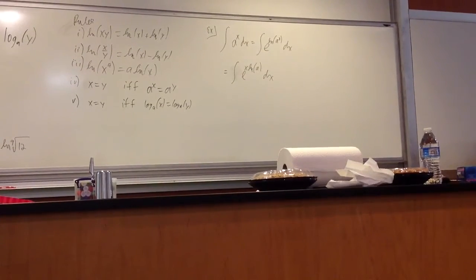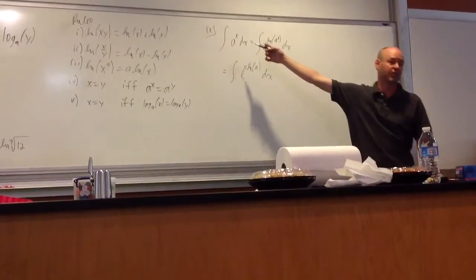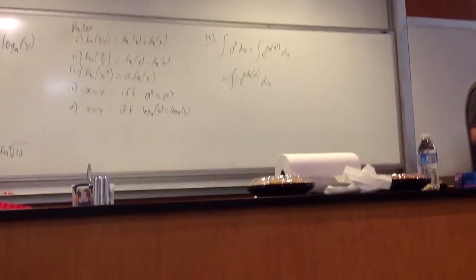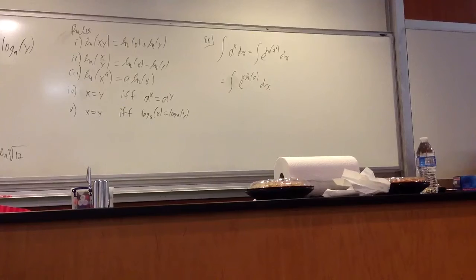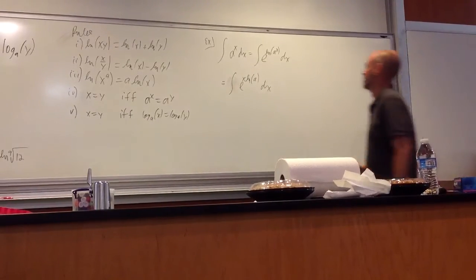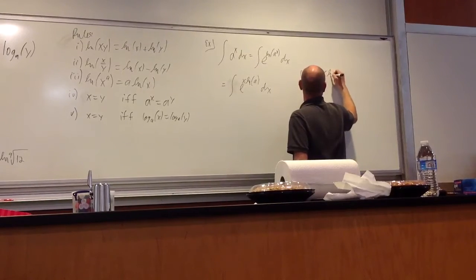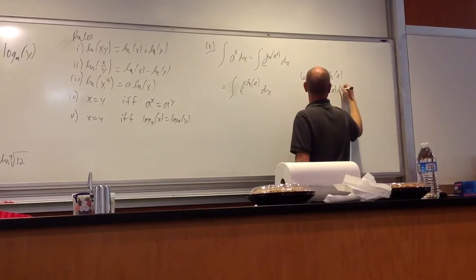All right, I want you to view it like this. This doesn't look any better than when we started. However, in the exponent, I'm noticing that I have x times a constant. Natural log of a is a constant, right? So if I let u equal x natural log of a, du is ln of a dx.